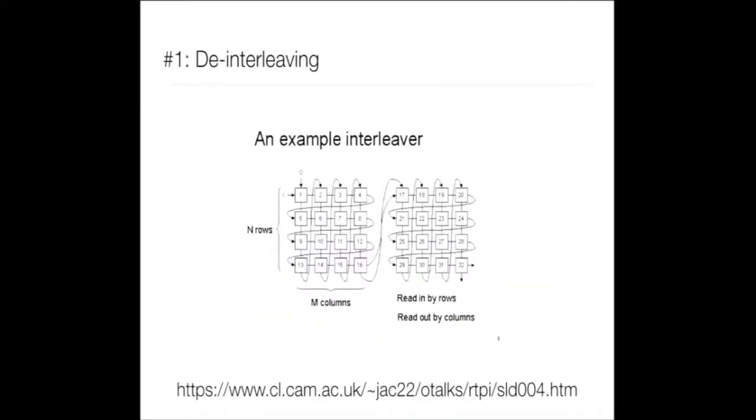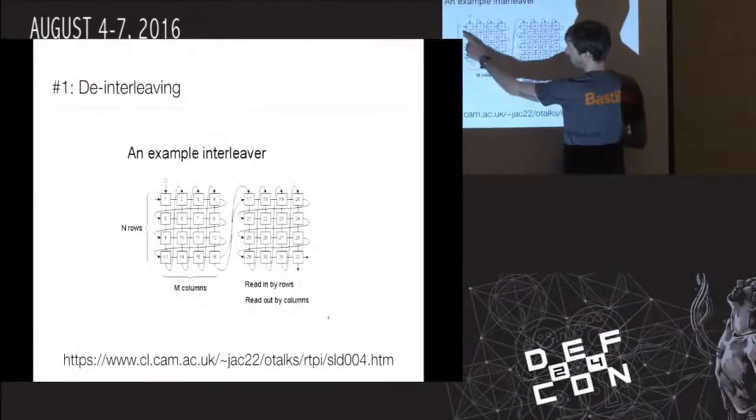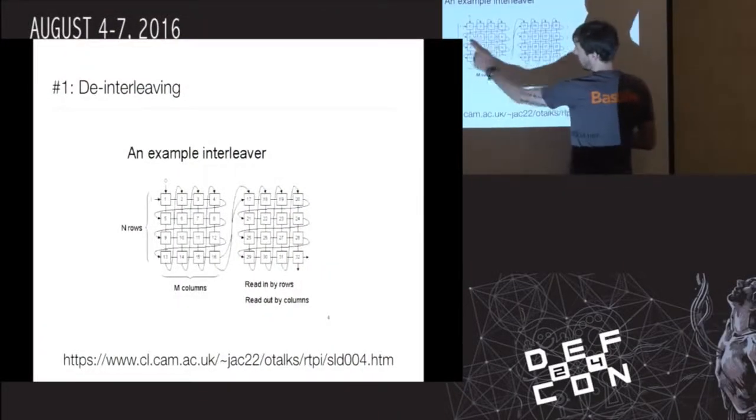So what is an interleaver, or how does the de-interleaver actually work? In this case, you can consider an interleaver as a memory cell, and you write into the interleaver in one particular order, and you read out of it in another order. And what that does is it distributes the bits temporally. So we've got n rows and m columns, and in terms of writing in, we're going to write row-wise like this.